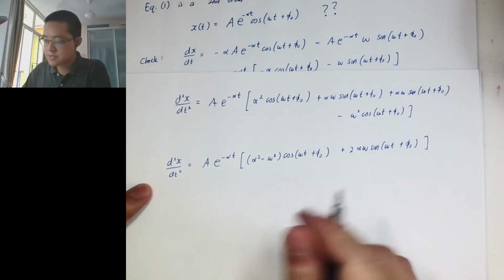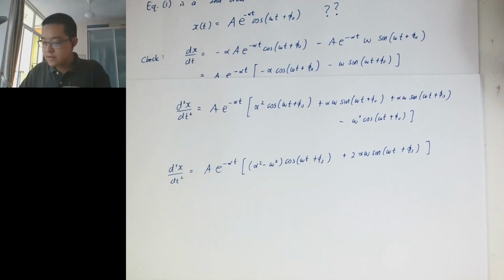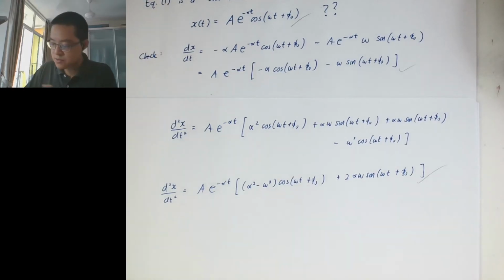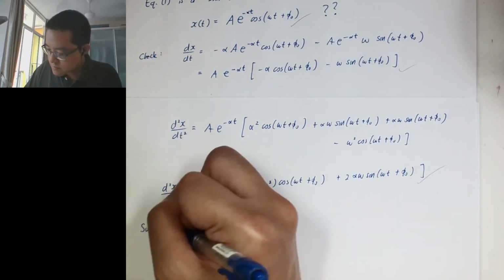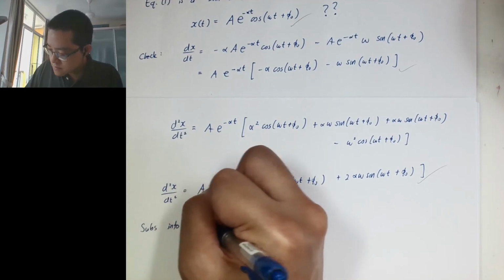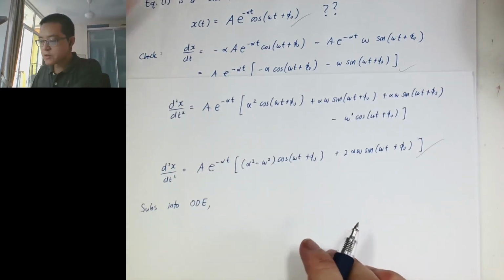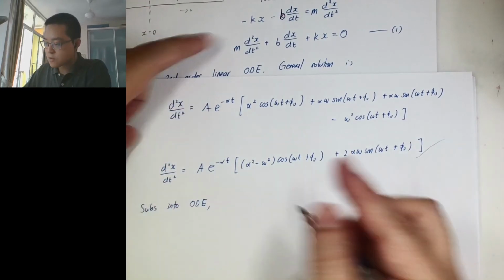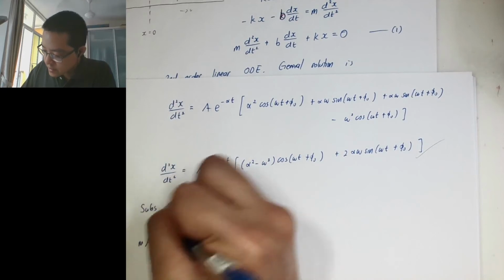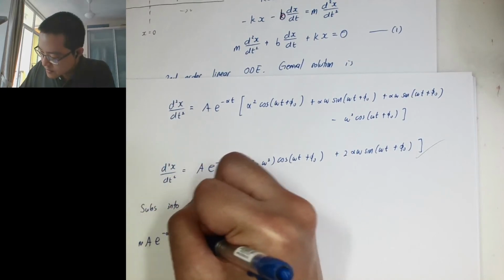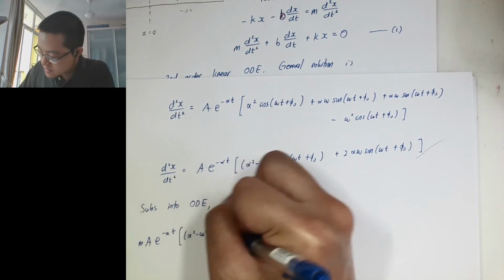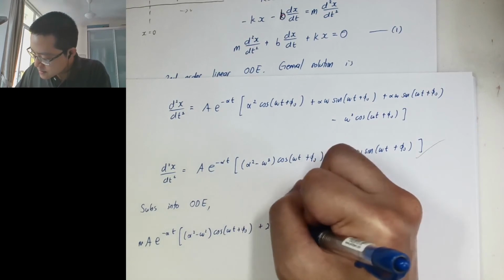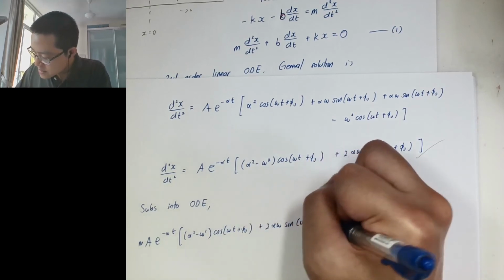So I'm going to substitute. I have my x, my first derivative, and my second derivative, so I'm going to substitute into the ODE. Substituting into the ODE, for the first term it is m times all this. So I get m A e to the negative alpha t, times alpha squared minus omega squared cos(omega t plus phi 0), plus this thing sine(omega t plus phi 0).